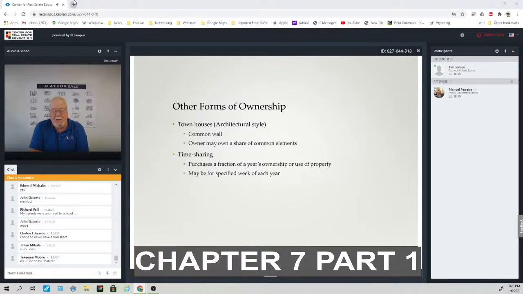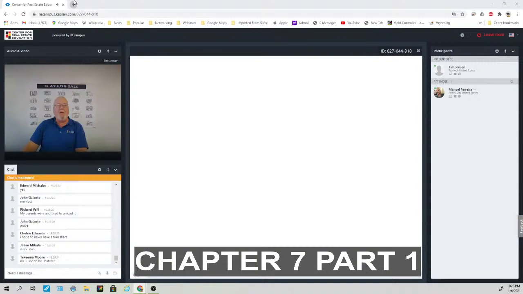But here's the thing. They have a fractional ownership interest in the property. Now think about this number. In the Marriott Hotel in Orlando, there are 300 units.